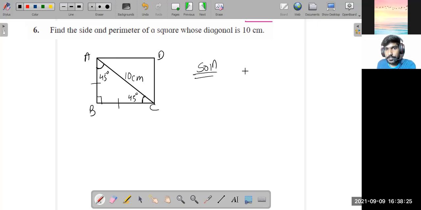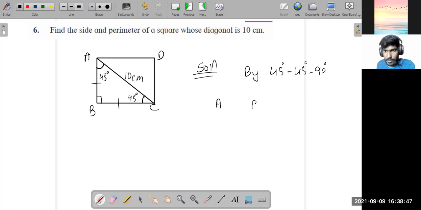What that says is, the side opposite to 45 degrees is... which is the side opposite to 45 degrees here? Any 45, I'll tell you. Okay, then opposite to A is BC.